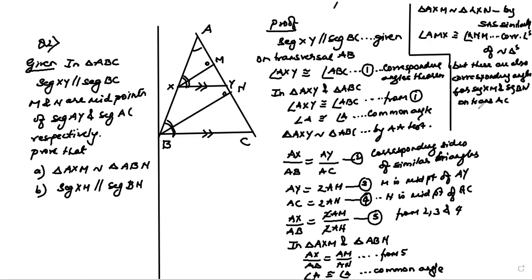Can you see transversal AC? So can I say therefore segment XM is parallel to segment BN by the corresponding angle test for parallel lines.